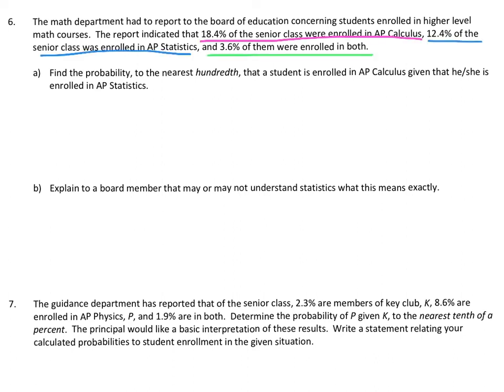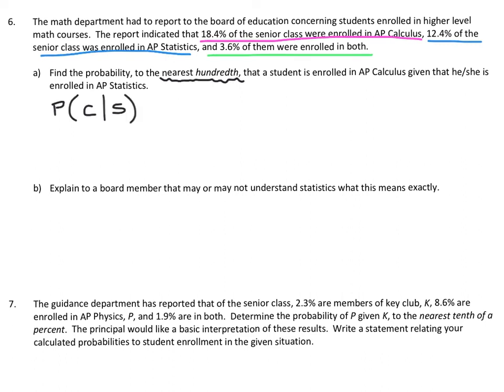Okay, so I underlined the key points, and in part A, they want us to find the probability, to the nearest hundredth, that a student enrolled in AP Calc, so I'll use a C for Calc, given, and I'm going to use the given symbol, that he or she is enrolled in AP Statistics, so I'll use an S for Statistics.